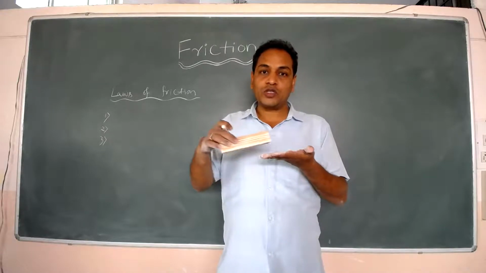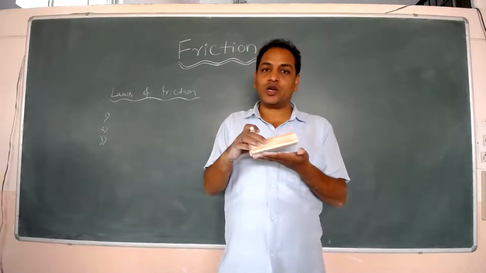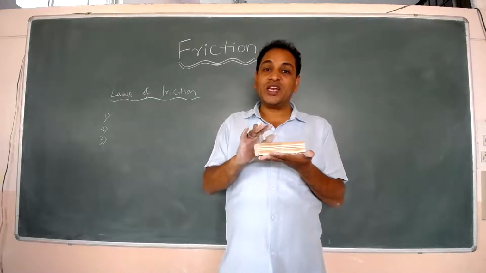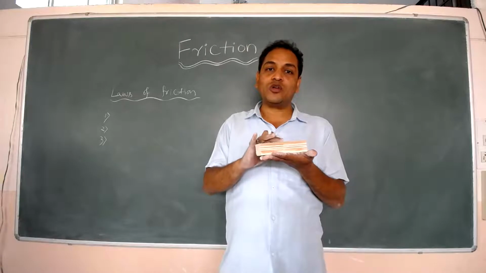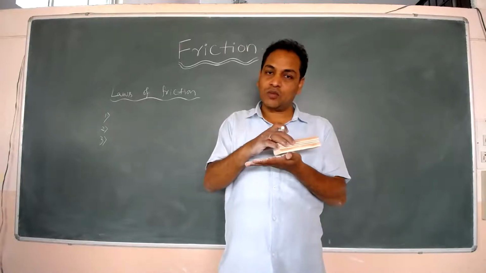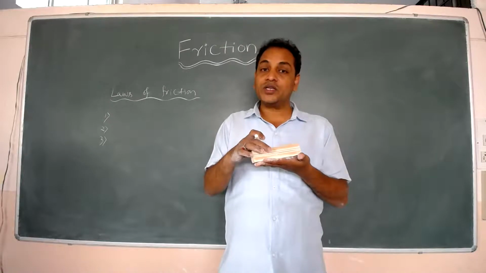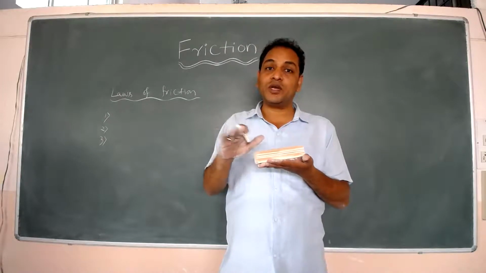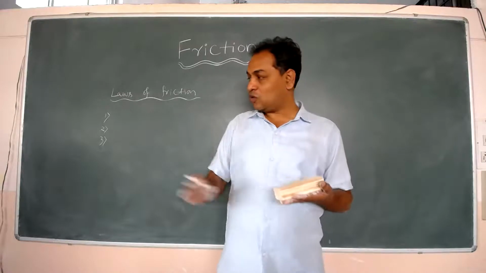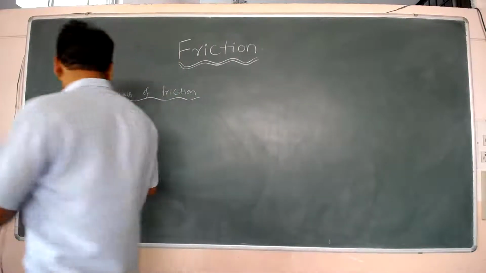Meaning it does not depend on how fast it is moving. That means kinetic friction between the two bodies is independent of the relative velocity of the two bodies. Whether they go faster or slower, whatever it may be, it is independent. So this is one more point. I will write this.